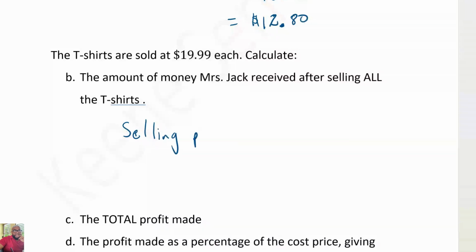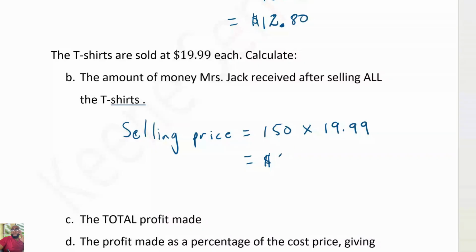Right, so your selling price would be equal to 150 multiplied by 19.99 each, which will give me what?